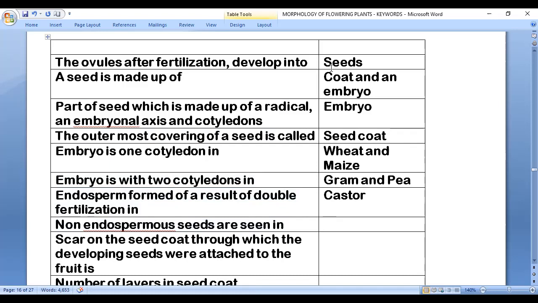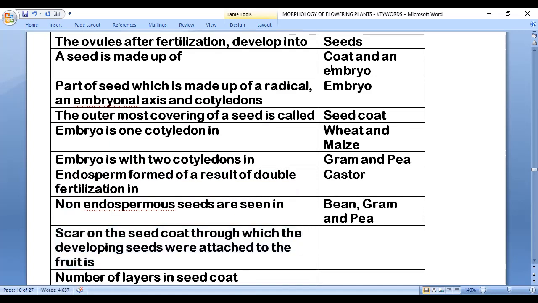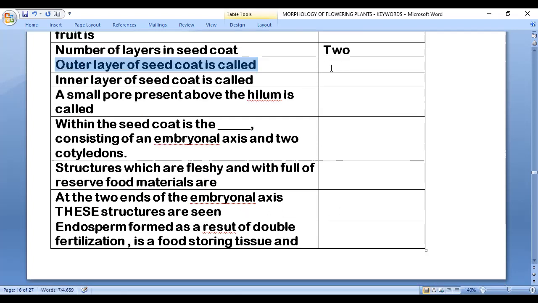Non-endospermous seeds are seen in bean, gram, and pea. The scar on the seed coat through which the developing seed is attached to the fruit is the hilum. The number of layers in the seed coat is 2. The outer layer of the seed coat is called the testa. The inner layer of the seed coat is called the tegmen. A small pore present above the hilum is called the micropyle.